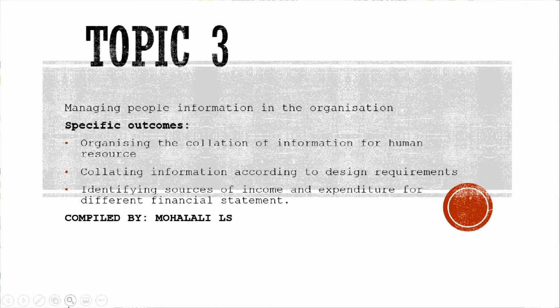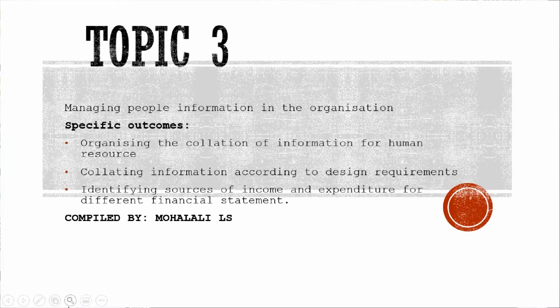We have identified the sources of income, which were the wages journal and salary package. And then we were also talking about the different expenditure, the financial statements that we are having in an organization: cash flow, balance sheet, and income statement.